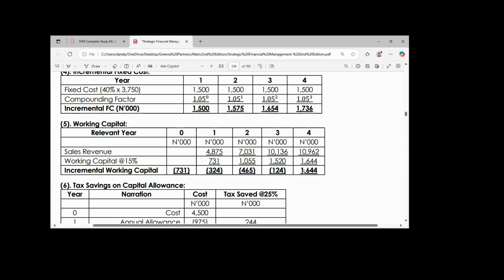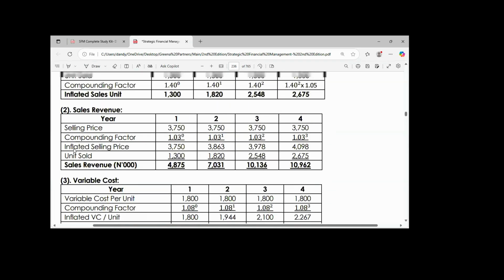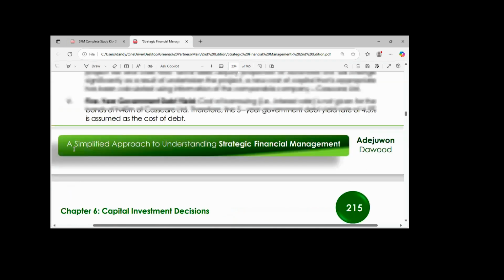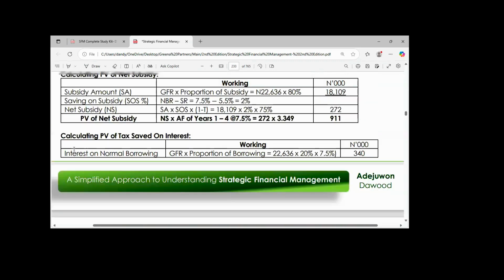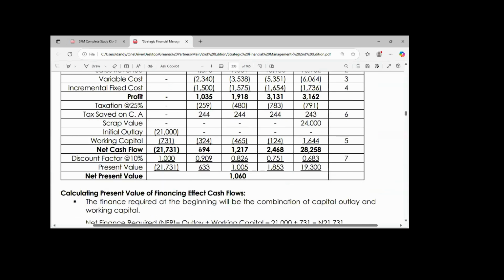Then at the end of the useful life, you sum up all the incremental working capital, you sum up everything together, that's what produced the 1644. Then we are going to recover the 1644 at the end of the useful life. And that's what we have done here. So that's the working capital that you have here.